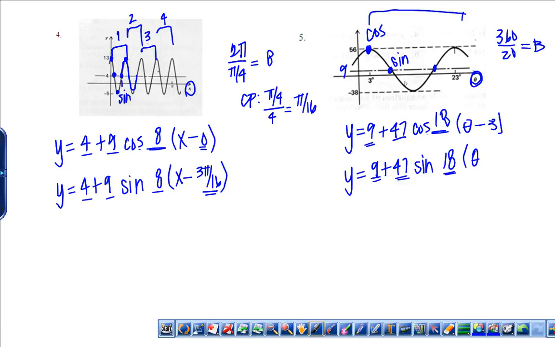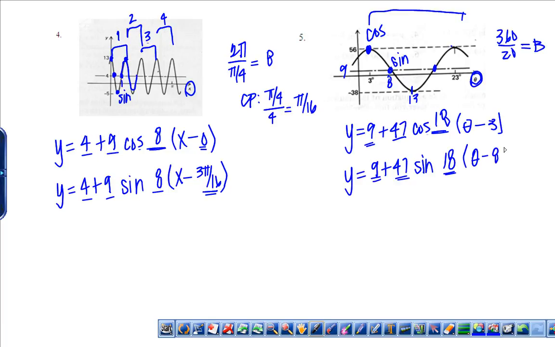So we have two tops. This bottom is right in the middle. If you find the average of 3 and 23, that is going to be 13. Now find the average of 3 and 13, and that is going to be 8. So that is this point right here. So that should be minus 8.